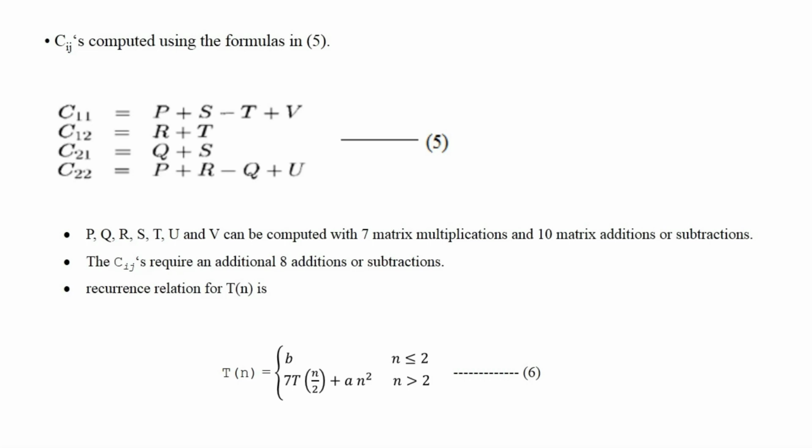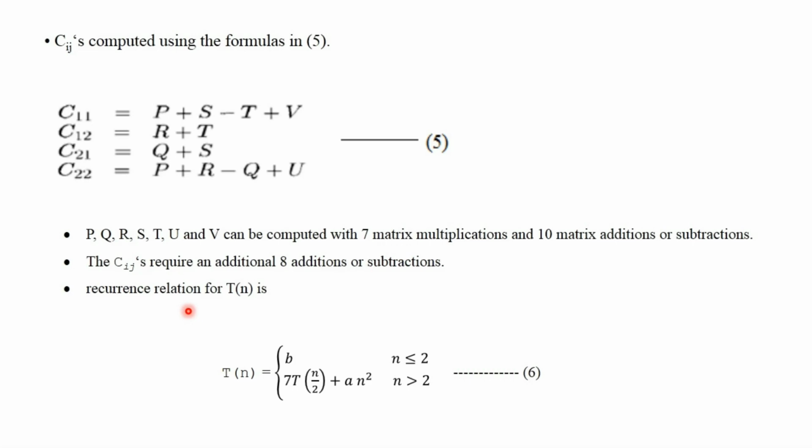And here, in order to find C of ij, we are going to make use of additional 6 additions and 2 subtractions, that is totally 8 additions or subtractions.